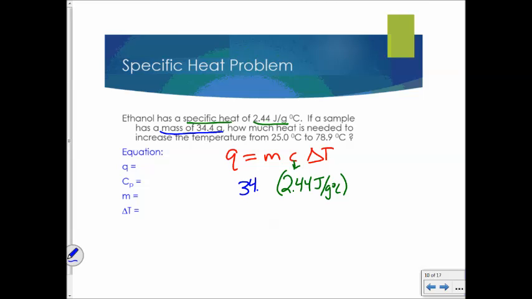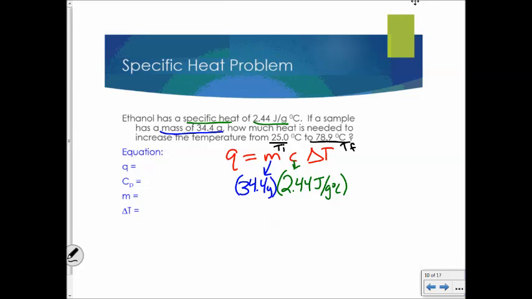I'm going to stick that here, because that's my mass. Now, my change in temperature is 25 to 78.9. So out of those two, which is my initial temperature? I'm starting with this. That's my TI. The one I'm ending on is my T final.